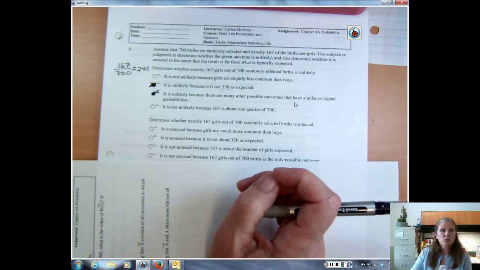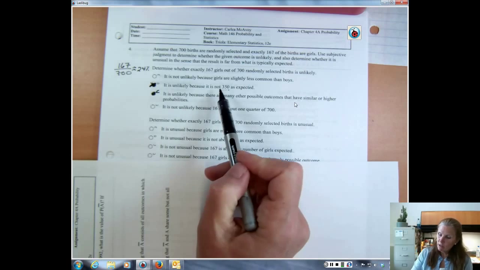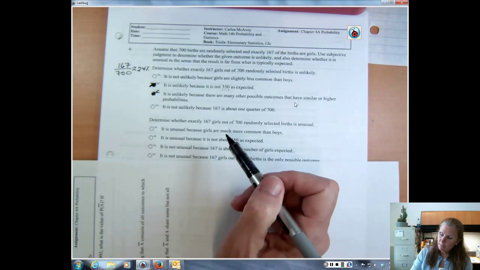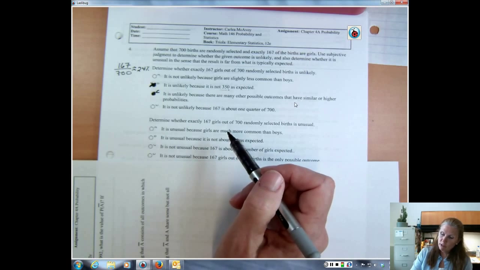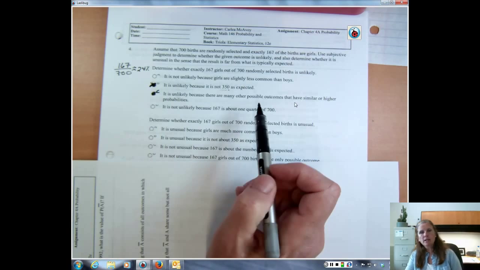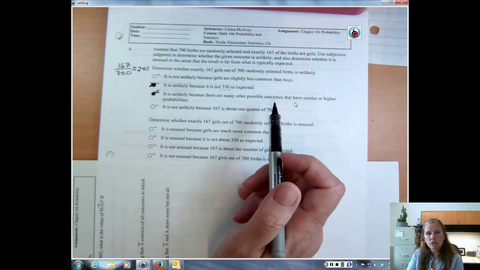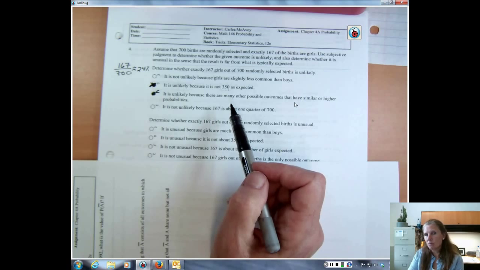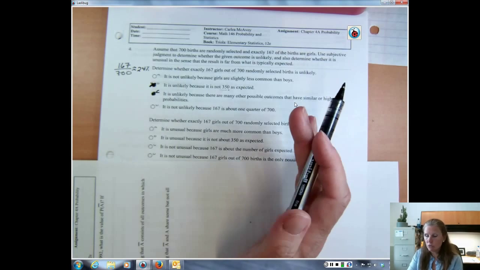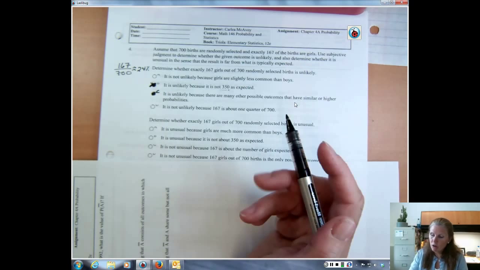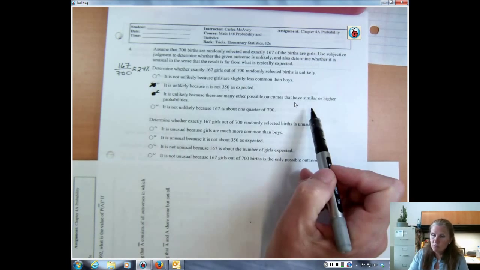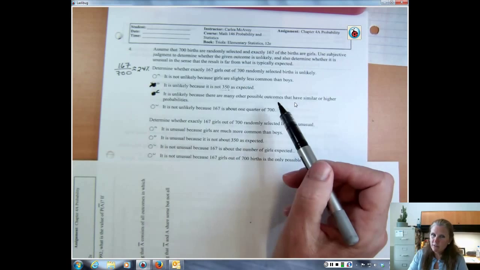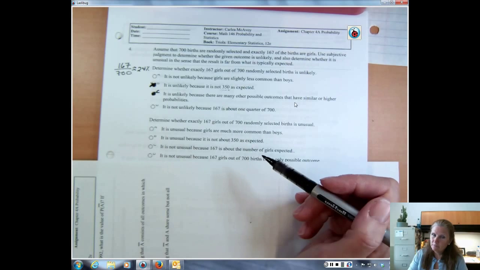I don't know what they're trying to say there, but I don't like this one, so I think it is C. There are many other possible outcomes, like you could have 250 girls, or 275 girls, whatever, but those would have higher probabilities, so we would be more likely to see something like 325 girls or 367 girls. I guess that's what they're saying.